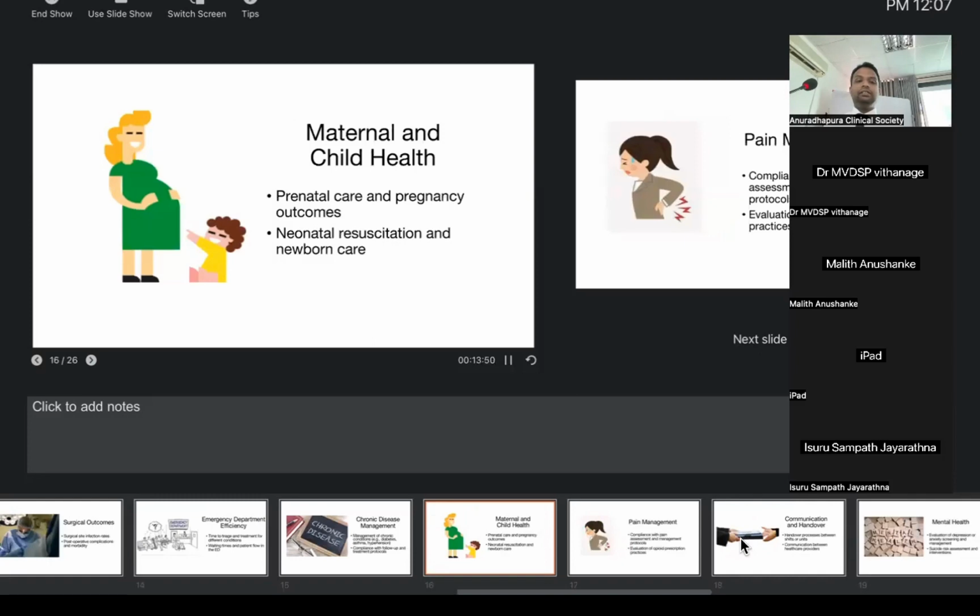Maternal and child health, prenatal care, the one I mentioned, neonatal resuscitation and newborn care. So how many audits can be done in ICUs and NICUs and these places?